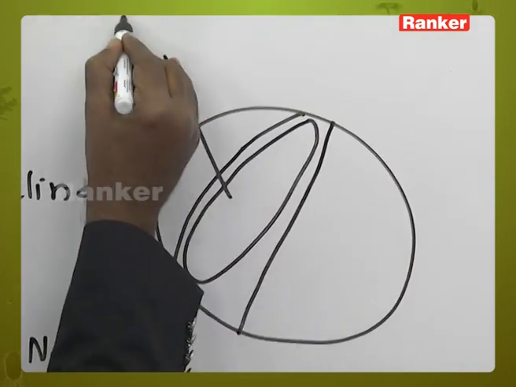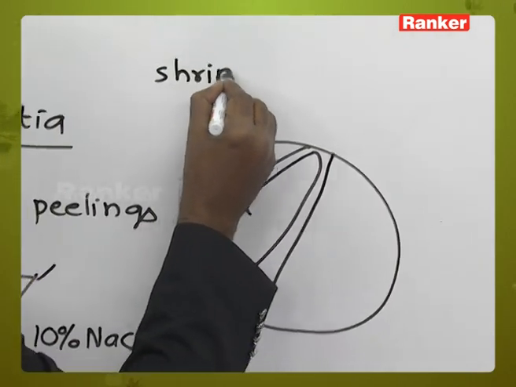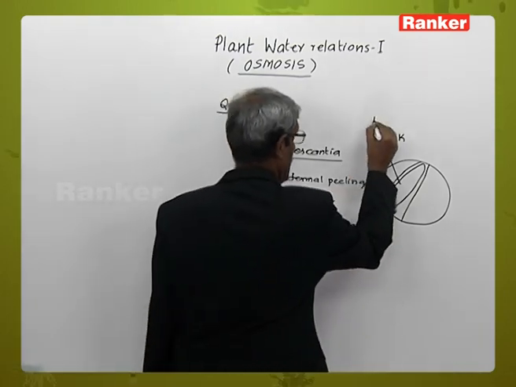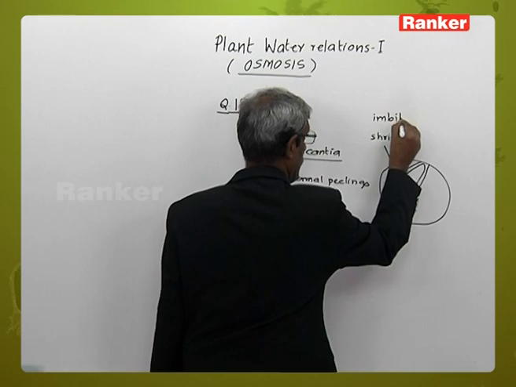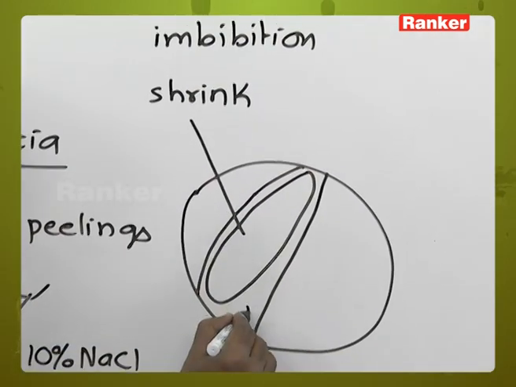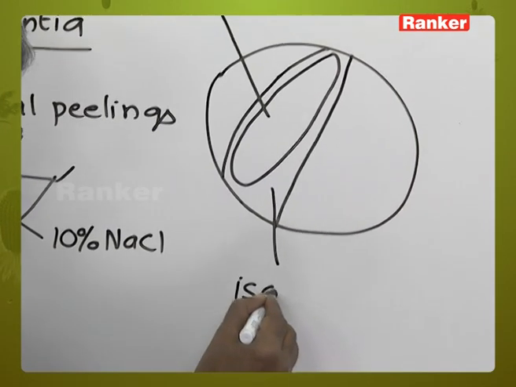The cell would shrink. The shrinkage is termed as plasmolysis, and here there would be the filling of the isotonic solution.